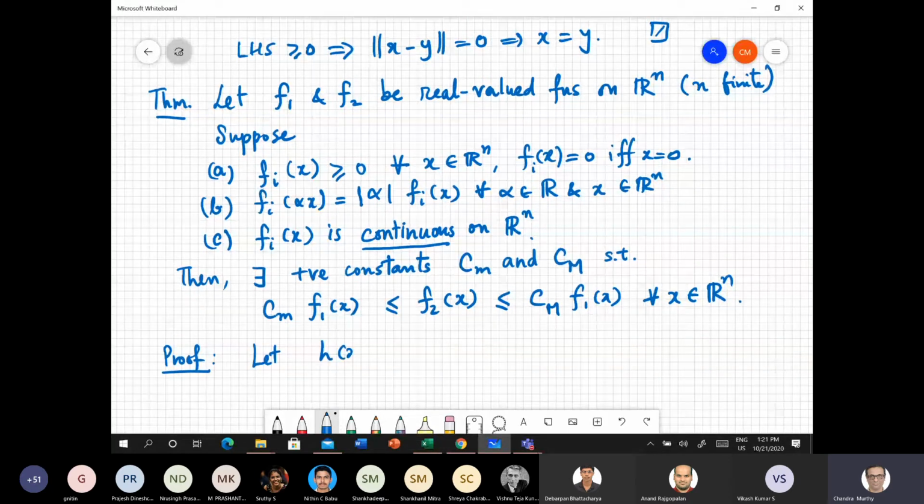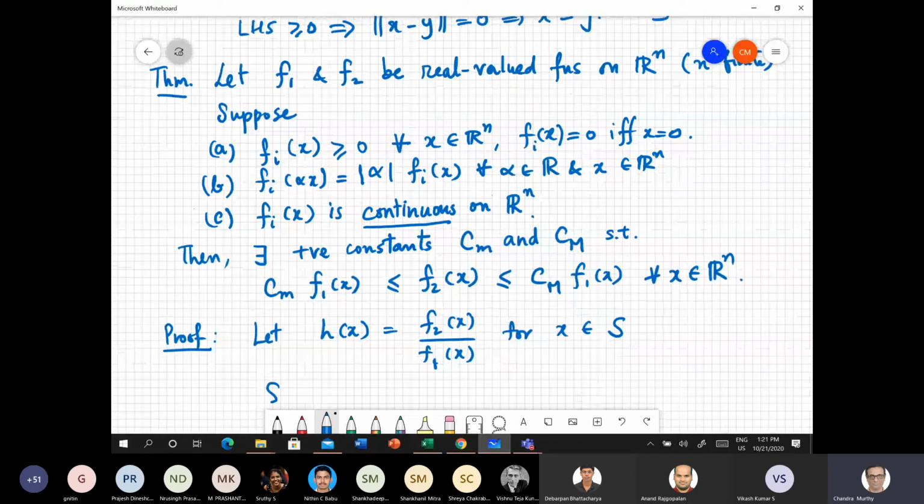Let h of x be defined as f2 of x over f1 of x, for x in some set S, where I'll define S as the set of x in R to the n such that the norm of x_2 equals 1.